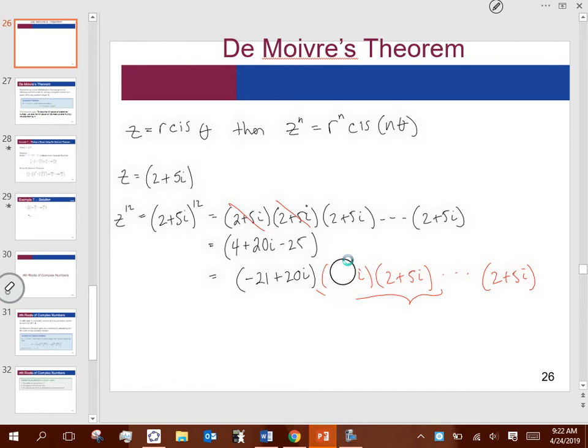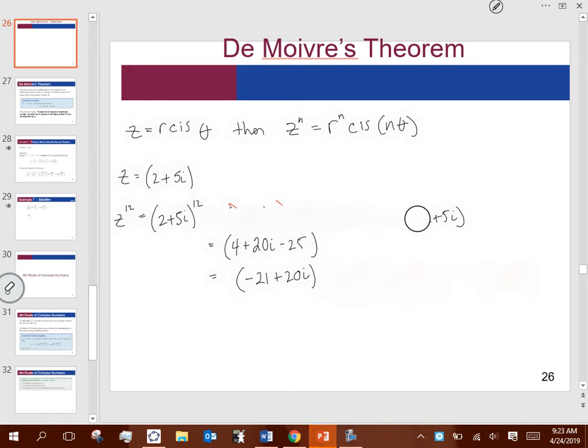So the idea here, if we can condense this a little bit, is to use this. Instead of writing this out 12 times, why not see what it is squared and then raise that to the 6th power, right?